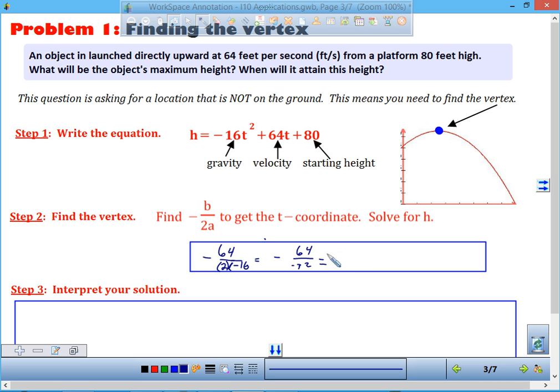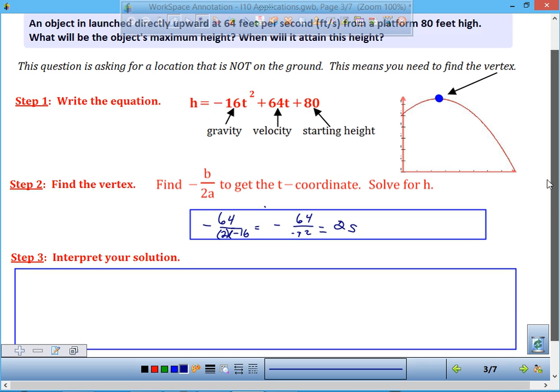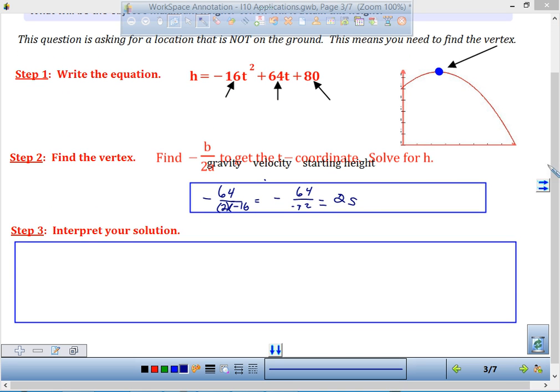A negative divided by a negative is positive, and 64 divided by 32 gives us 2 seconds. Then I have to take that number, put it in for t, and solve for h. We've done this throughout the unit as well.